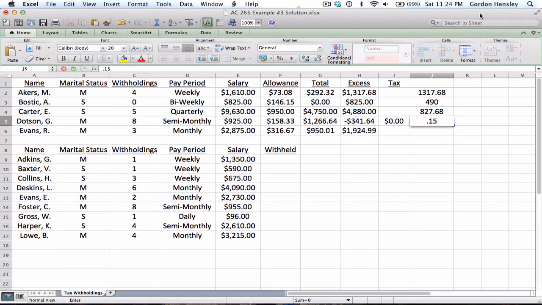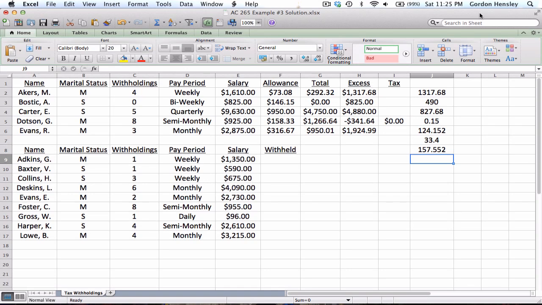Well, 15% as a decimal is 0.15. So that amount times 0.15 gives me 124.15. And then I'm supposed to add on an additional 33.40. So then I add the last two numbers together, and I get 157.552.